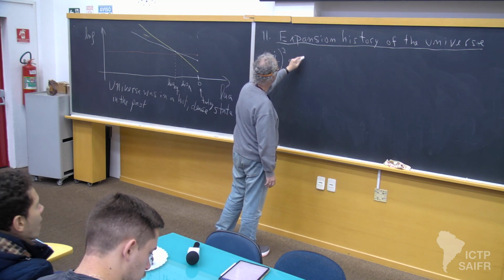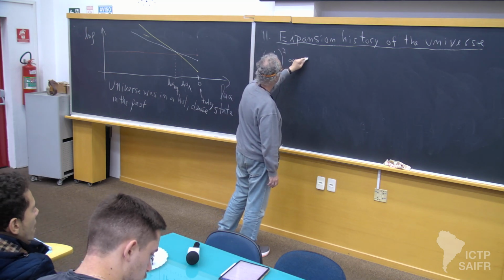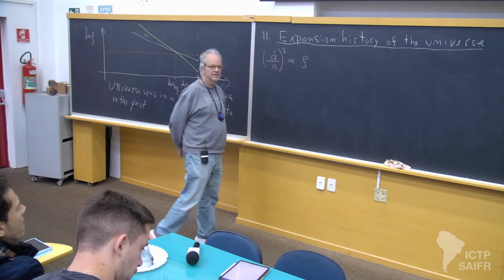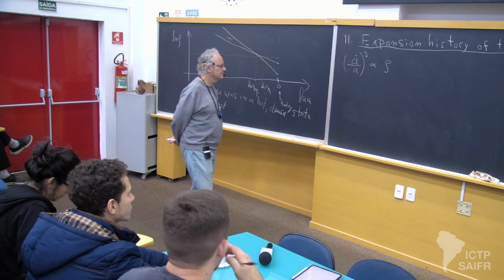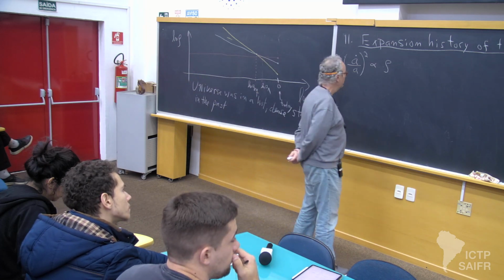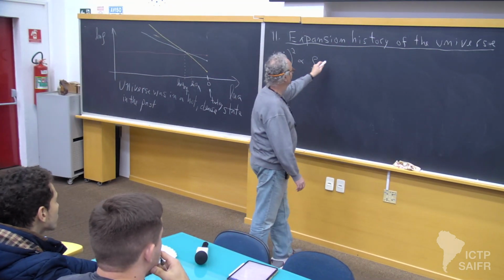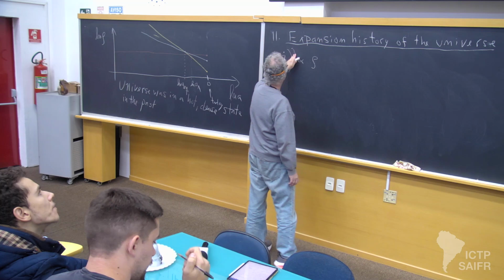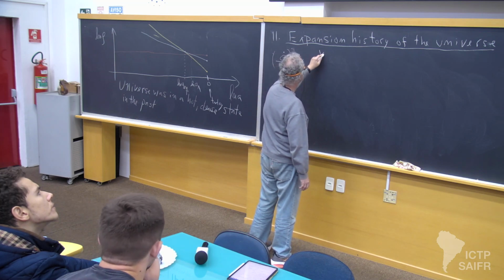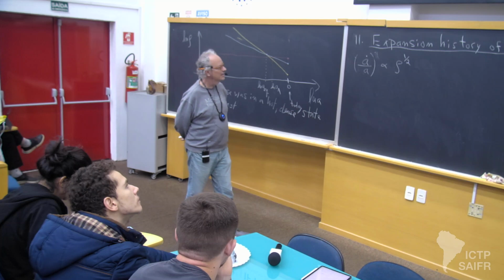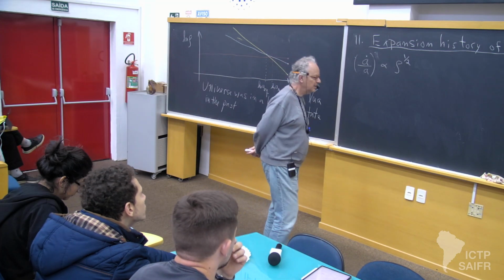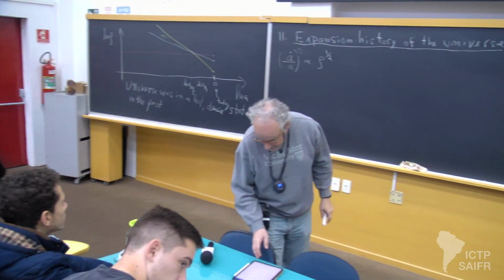I will forget the factor of 8 pi G over 3. It's proportional to the energy density. Okay, I can write this as this. Let's see what they do here.